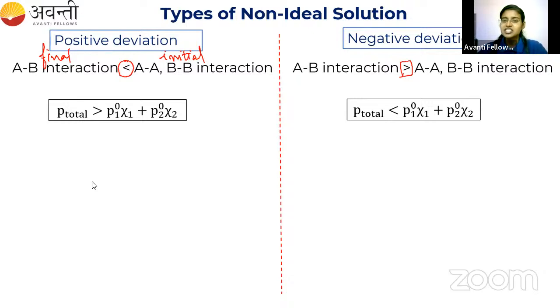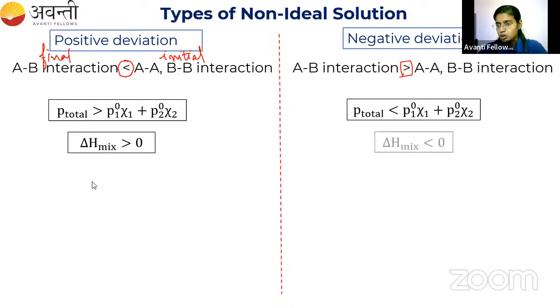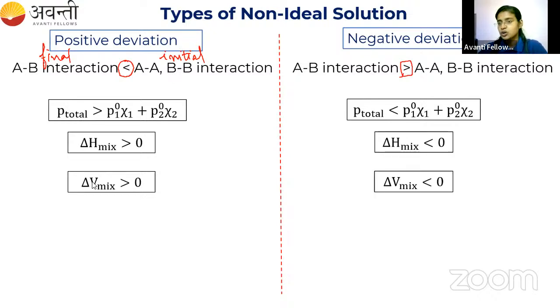For positive deviation, delta H mix will be greater than 0, since the total pressure is greater, and for the other case it is less than 0. Delta V mix is greater than 0, and for the other case it is less than 0. And delta S, what is meant by delta S? Change in entropy. S is called entropy.